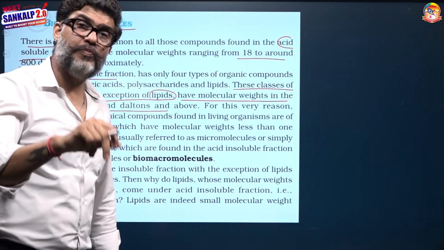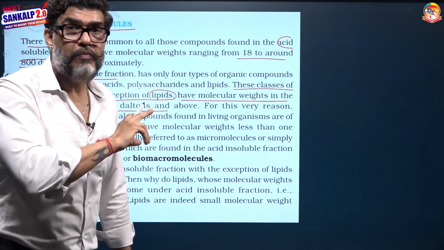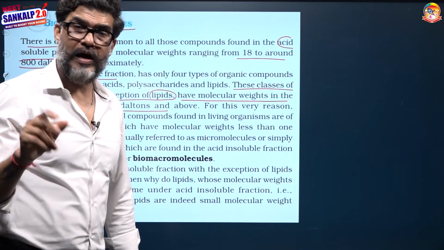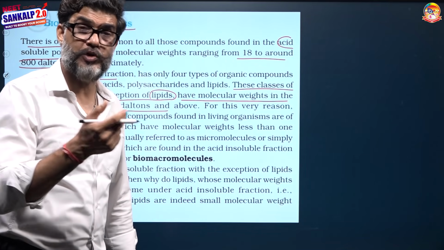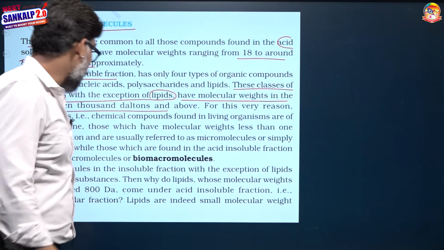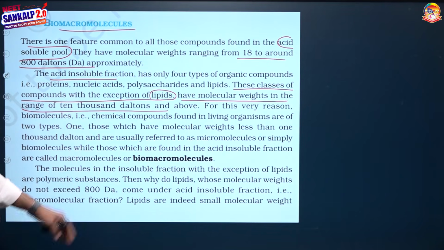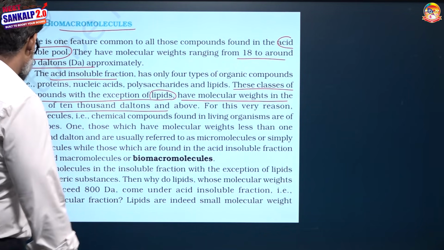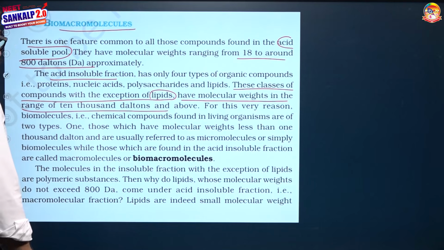But lipid is also present in the acid insoluble pool, but it is not a macromolecule. I have already told you why it was present in the acid insoluble pool. That's it. So the molecules in the insoluble fraction, with the exception of lipids, are polymeric substances.